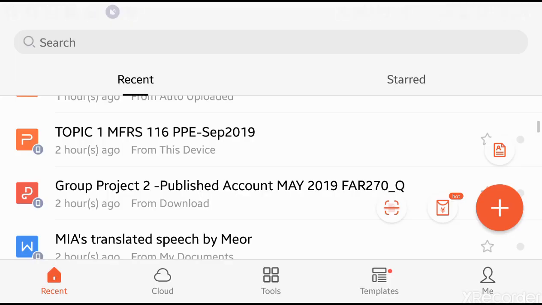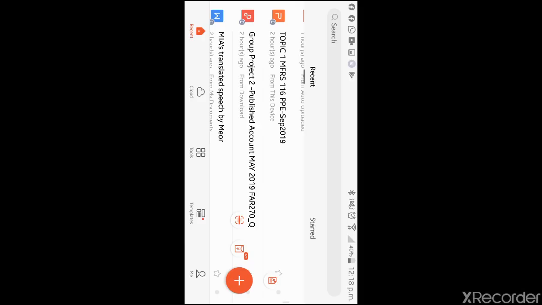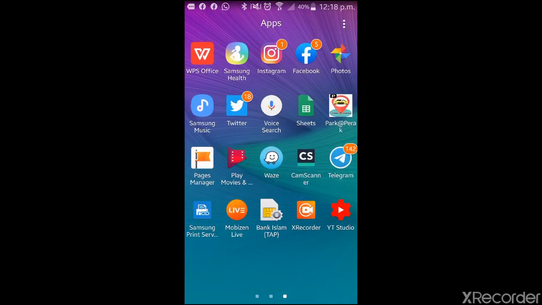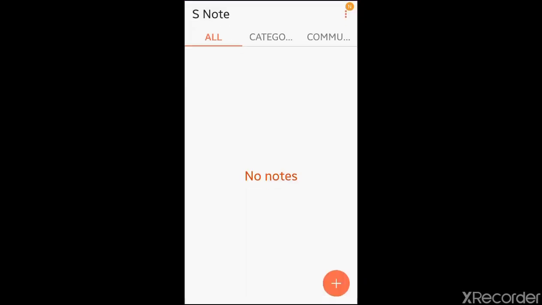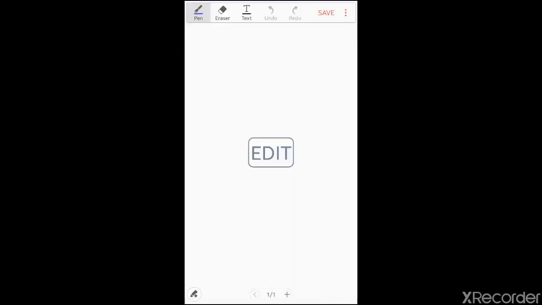I'm going to use a new sheet to show that, because the space provided next to the answer is very squeezy, so might have a problem to write. So I'm using my notes.